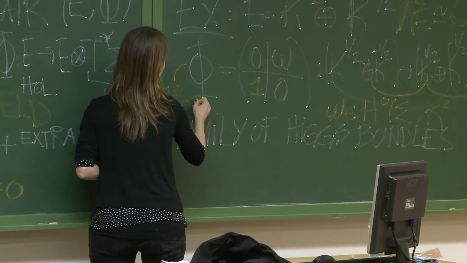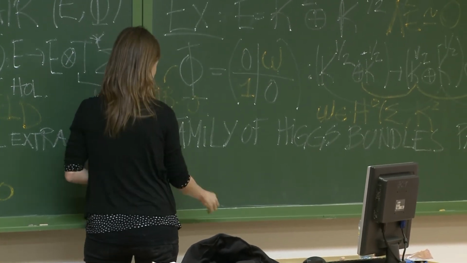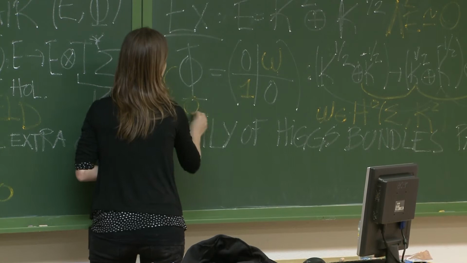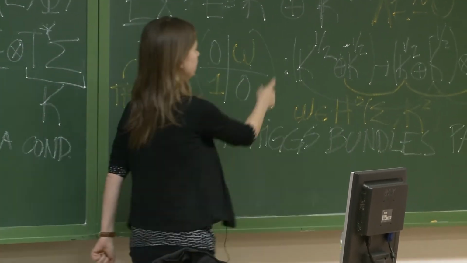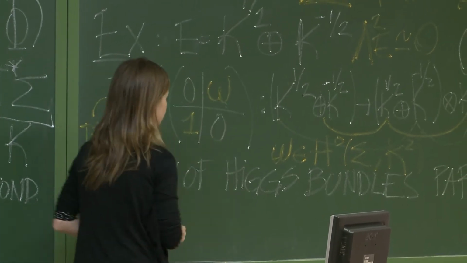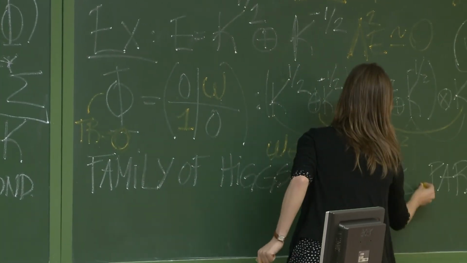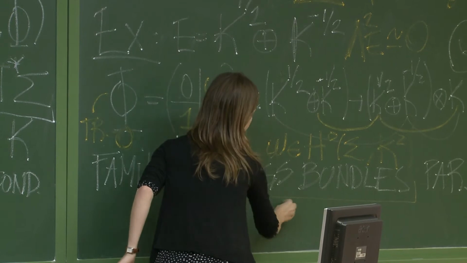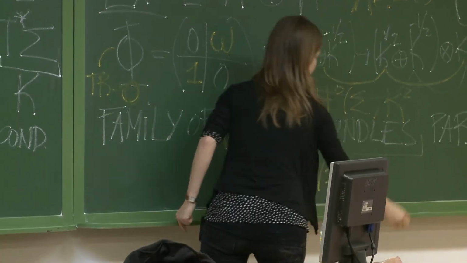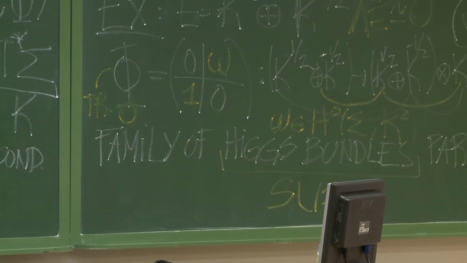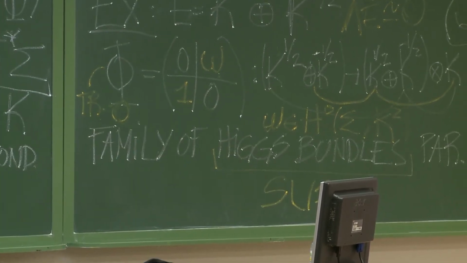So trace is equal to 0. So we have a traceless Higgs field with a trivial determinant bundle for the vector bundle, which means our Higgs bundles here are actually SL_2 C. So it's a family of SL_2 C Higgs bundles parametrized by quadratic differentials.